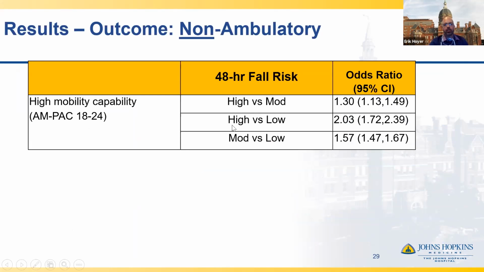When we compare patients who are at high fall risk versus low fall risk, so that's that middle row right there, their odds of being non-ambulatory is slightly over 2. And all these p-values are statistically significant, and I showed the 95% confidence interval. So that's suggesting that they're about twice as likely to be non-ambulatory as a patient who is low fall risk, even though they have the capability to be ambulatory.